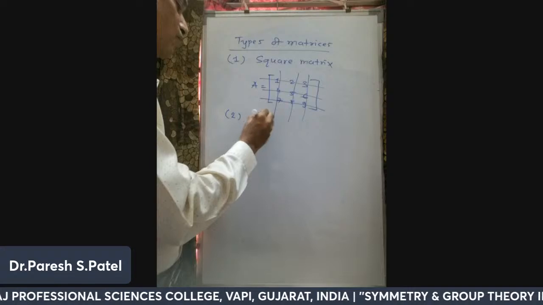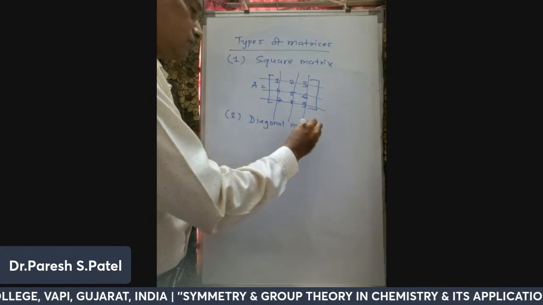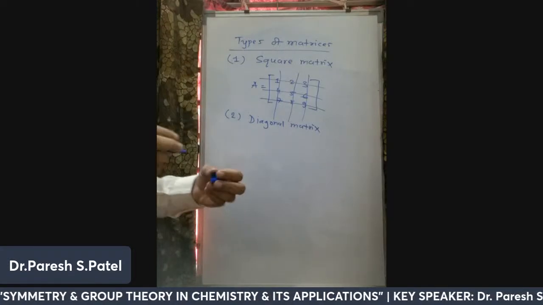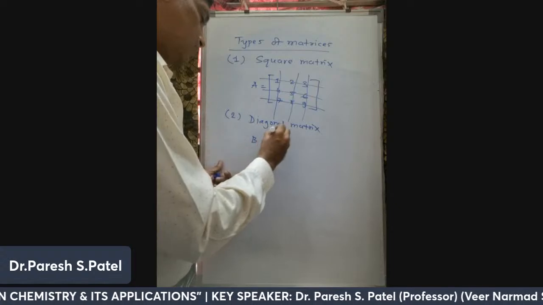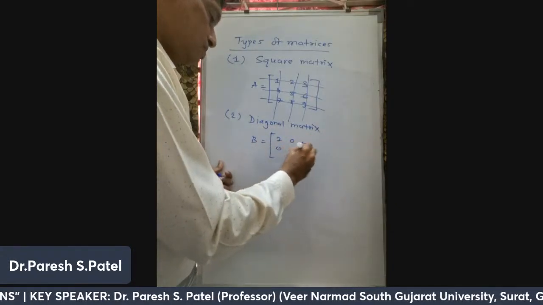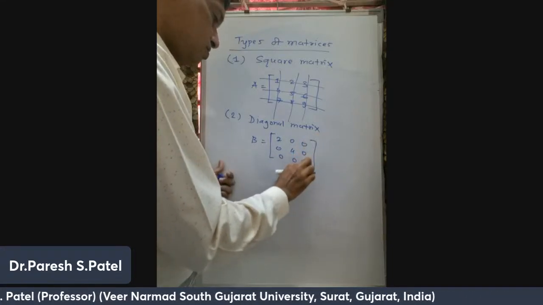Second one is diagonal matrix. Now, what is diagonal matrix? In case of the diagonal matrix, B is equal to 2 0 0 0 4 0 0 0 6.